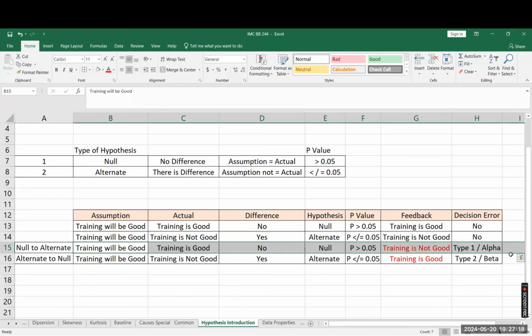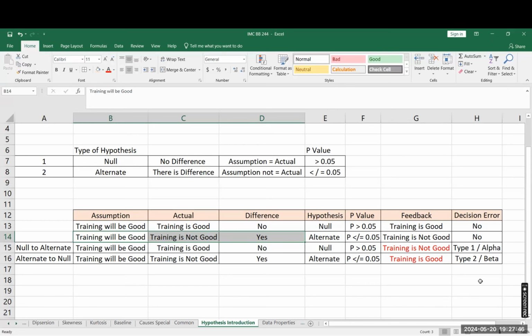So this is case 1, when there is no error, because you proved machine is working fine and actually machine is working fine. So there is no issue. Second case, maybe you have done the maintenance and you were feeling no, machine is not working fine. Production runs that machine, and they are also saying, yes, machine is not working fine.